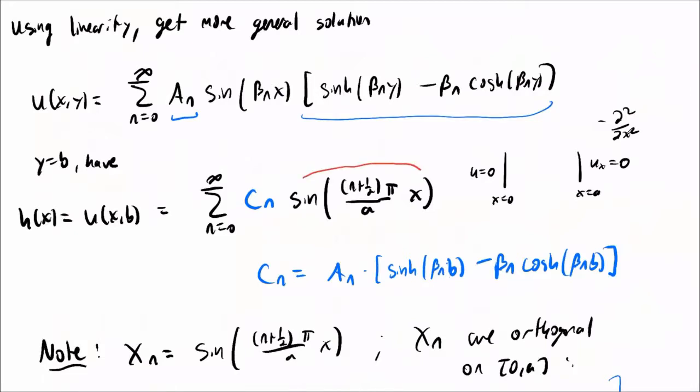Remember, I can also write this as 1 over 2i times e to the i (n plus 1/2) pi over a x, and then minus e to the minus i times the same thing.